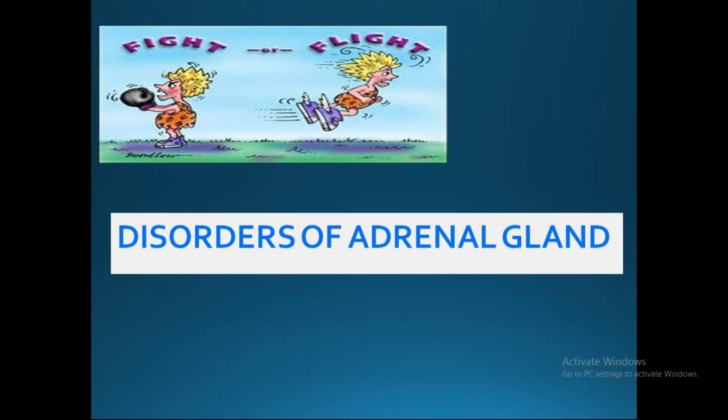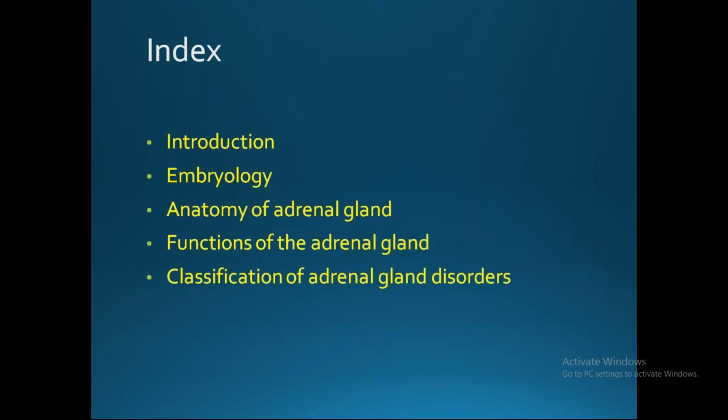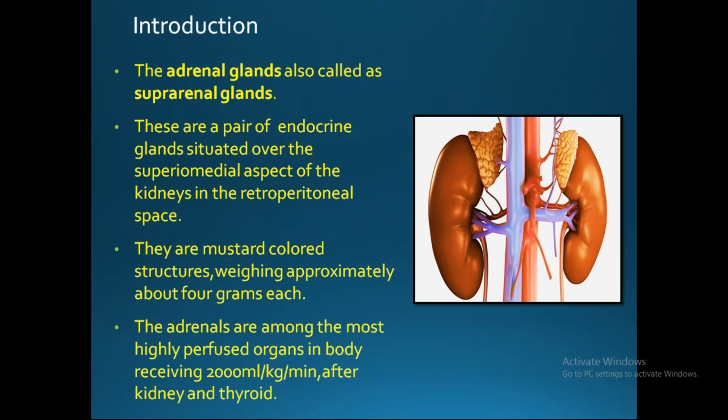Yes, sir. Thank you. So as you can see in the image, the fight or flight response, which we experience in emergency situations, is usually maintained by the hormones released by the adrenal gland. The adrenal glands are located at the upper pole of kidneys, and these are retroperitoneal structures.